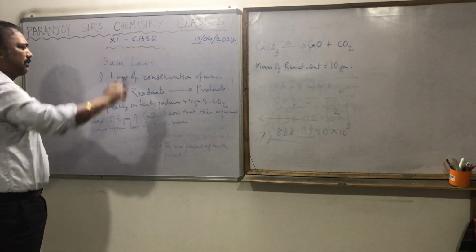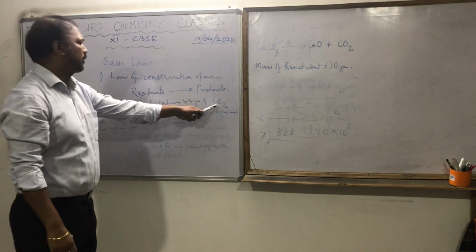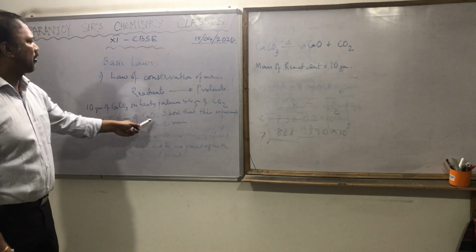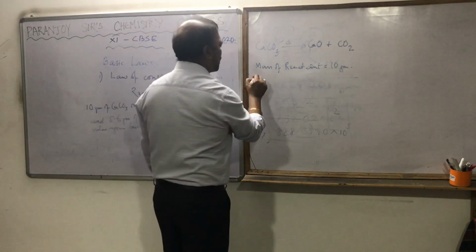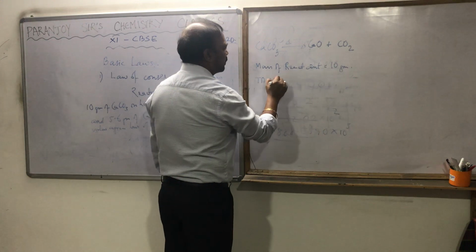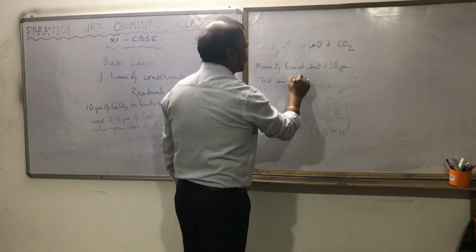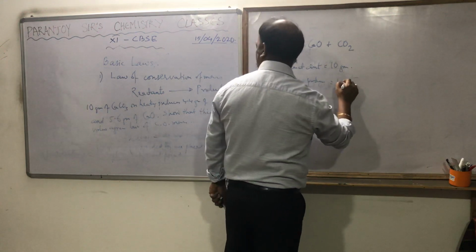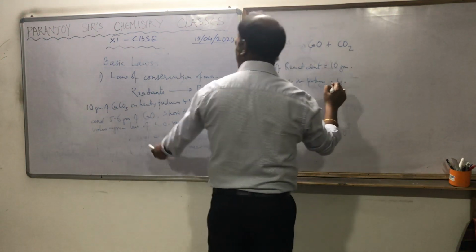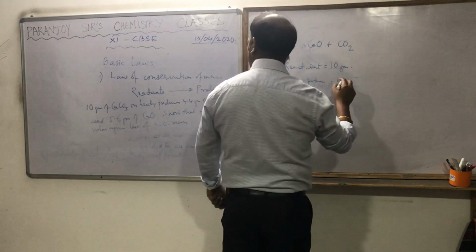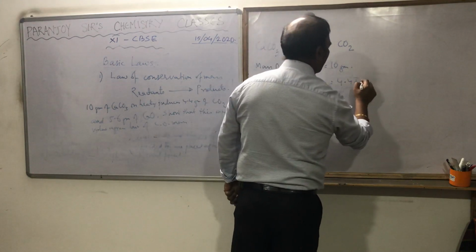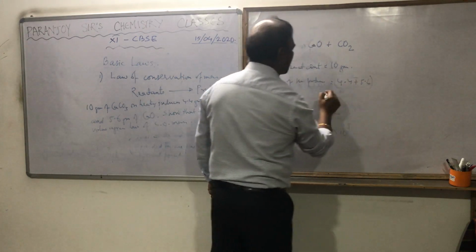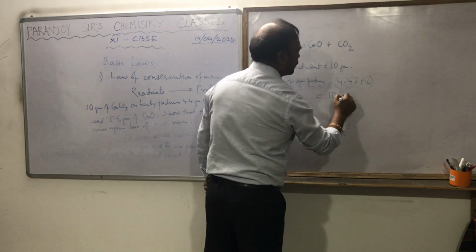Calcium oxide and carbon dioxide. 4.4 gram of carbon dioxide and 5.6 gram of calcium oxide. So total mass of the product equal to 4.4 plus 5.6. So that is equal to how much? Again, that is equal to 10 gram.